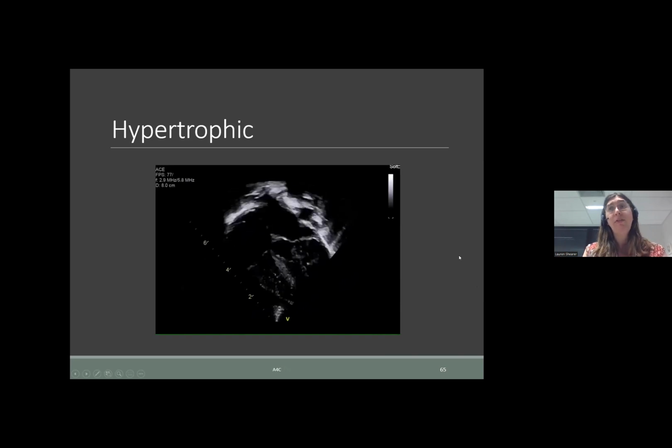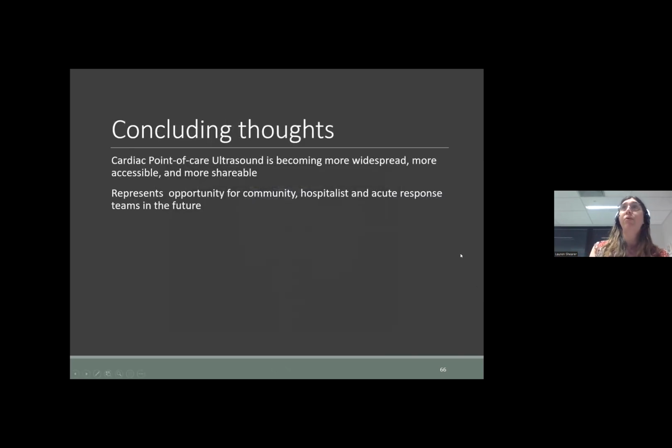So, some concluding thoughts in terms of cardiac point of care ultrasound. It is becoming more widespread, more accessible, and more shareable. In the digital healthcare environment, in an ideal situation, you should be able to be at the point of care of a patient and have those images immediately and in real time viewed by a subspecialist in the receiving centre or in a referral centre to give you advice about those diagnoses.